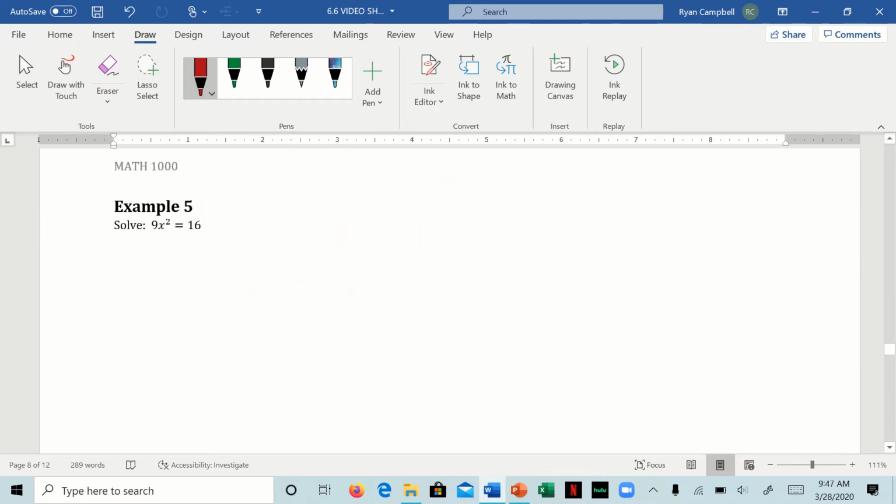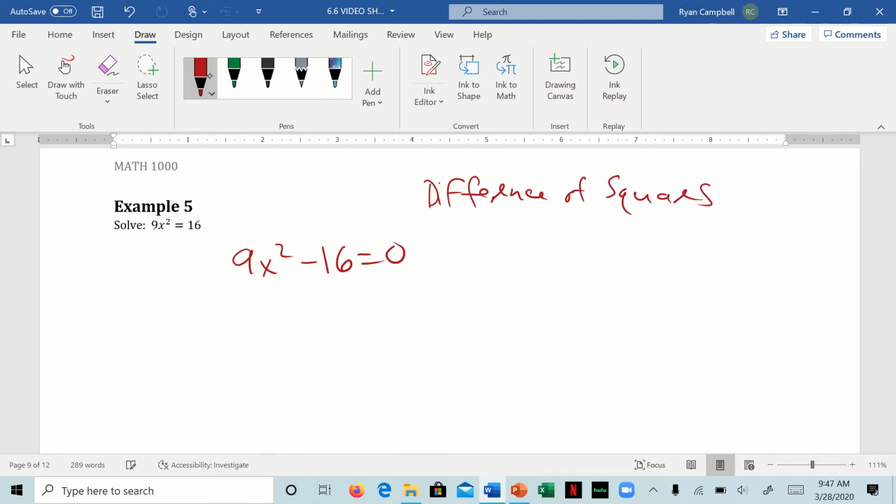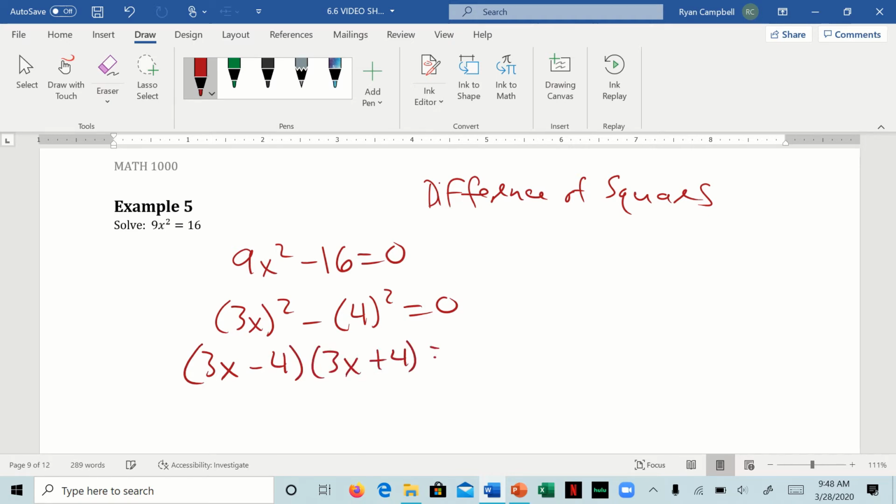Good. Next. All right. So step 1, move everything to one side. Step 2, factor. So if you notice, this is a difference of squares. Right, we get 3x squared minus 4 squared. So we can just have 3x minus 4, 3x plus 4 equals 0.